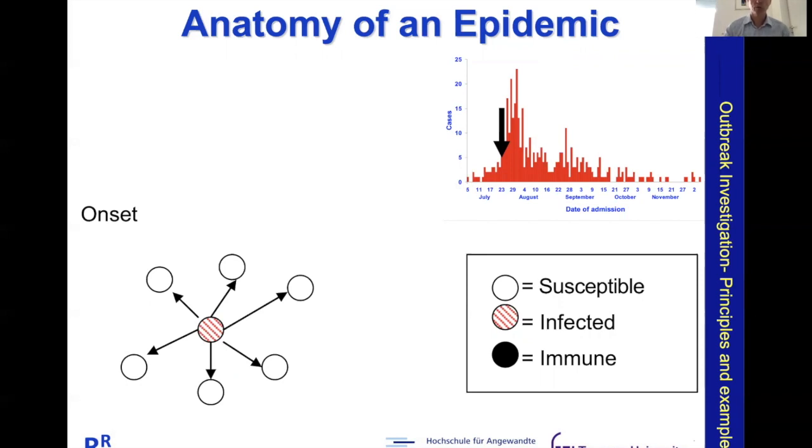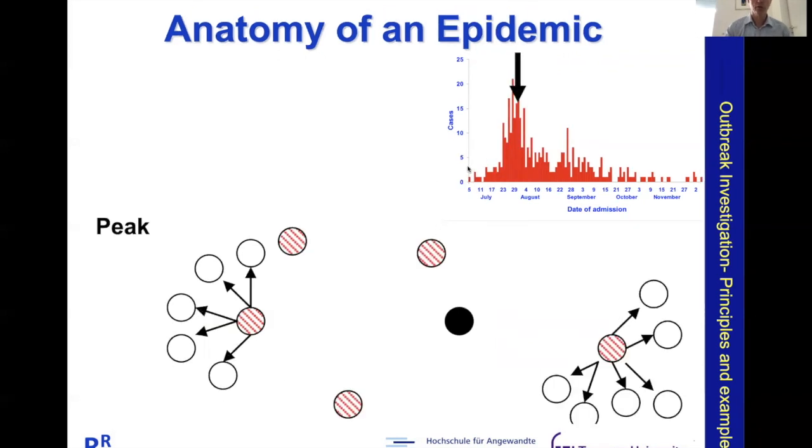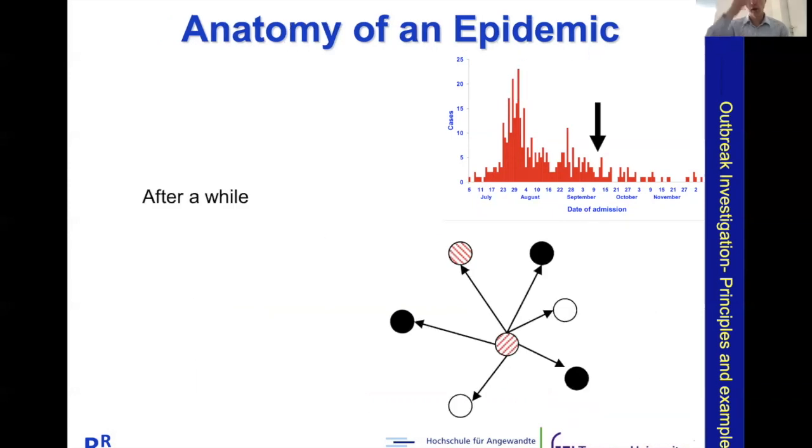Of course, the epidemic progresses quickly and the numbers are increasing dramatically. So you see all the contacts got infected, and most of their contacts again are susceptible, so it can spread very, very effectively. After a while, you see the numbers slowly declining in the epidemic curve.